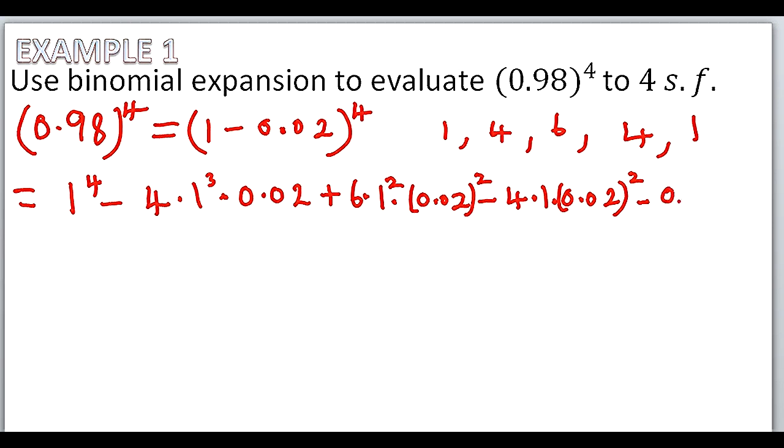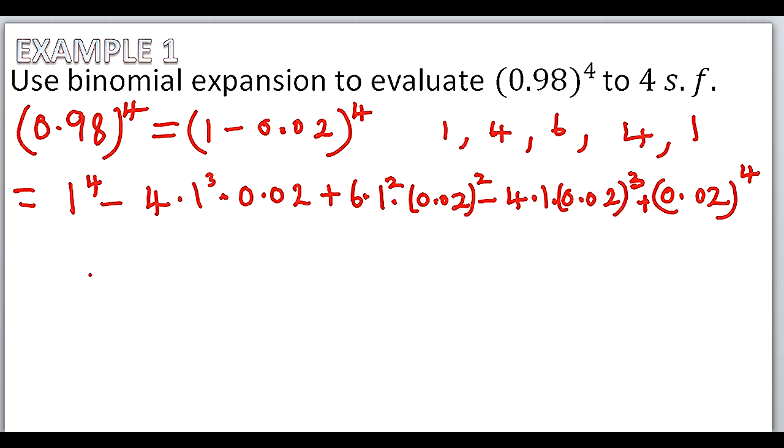We have plus 0.02 to power 4. So from there we can work it out.